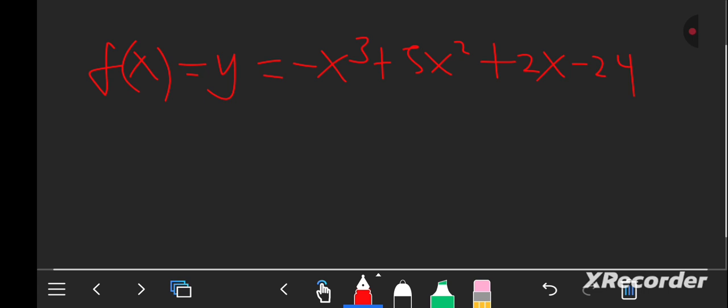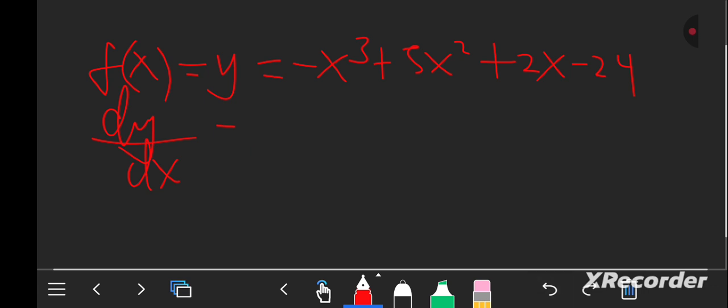You need to differentiate to find the derivative of this y. So you say dy over dx. Whenever you're finding the derivative, we're going to use the formula method: multiply the power by the coefficient, then the power decreases by 1 always.